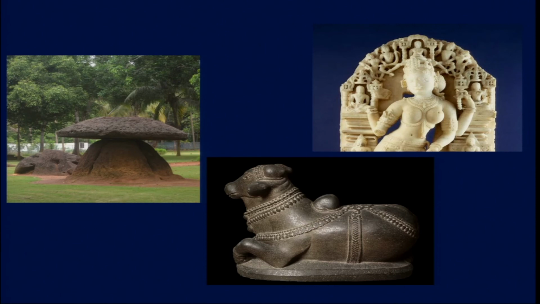So, this reddish laterite stone that we have in this part of the country was used for making these early memorial structures. This is certainly immovable. This is certainly something that we do not wish to carry home with us.